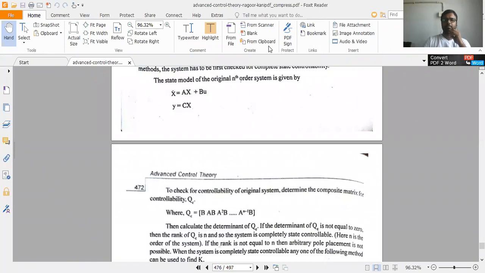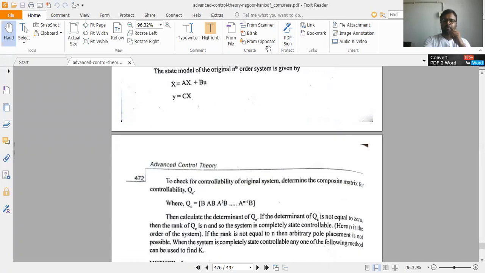If the determinant is not equal to 0, we can proceed for the calculation of capital K. Here, small n is nothing but the order of the equation.